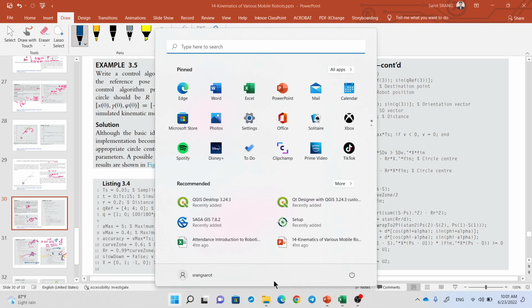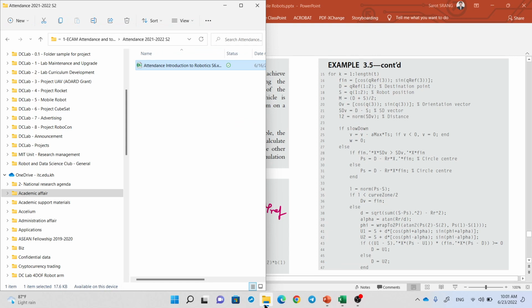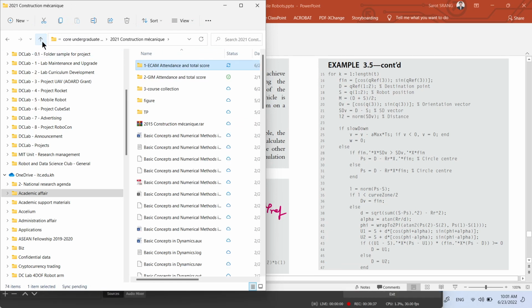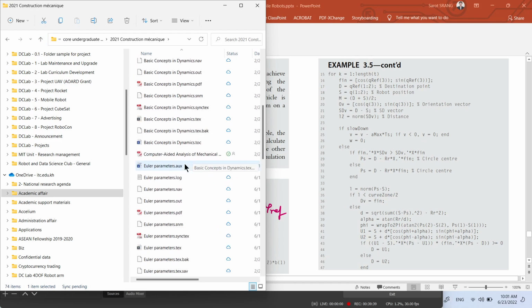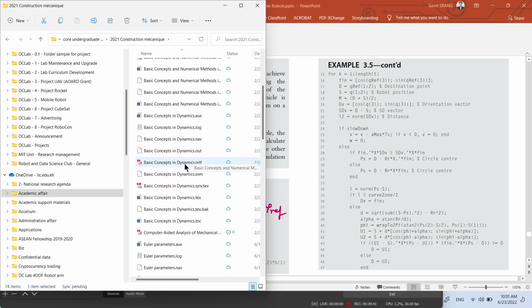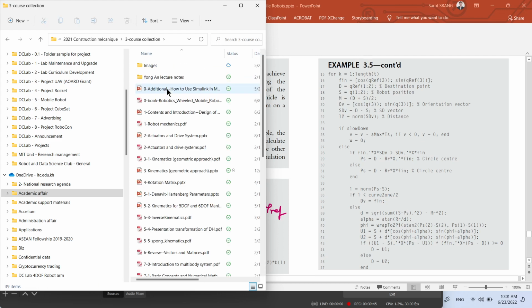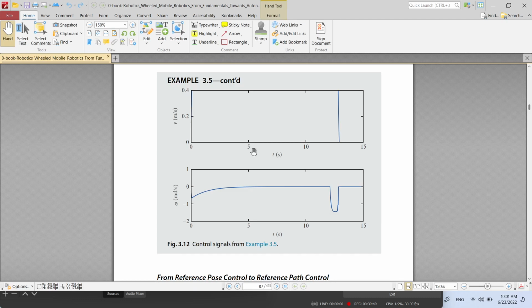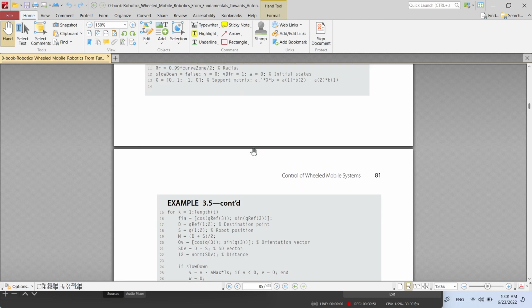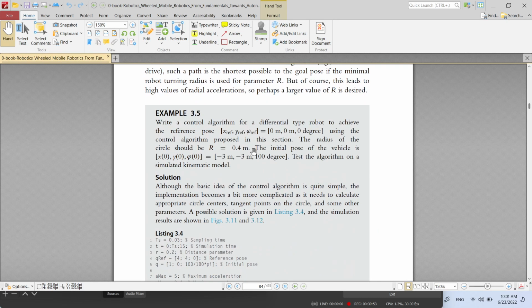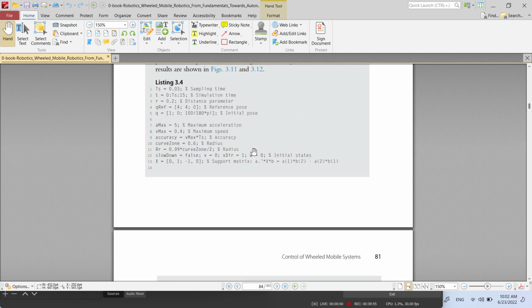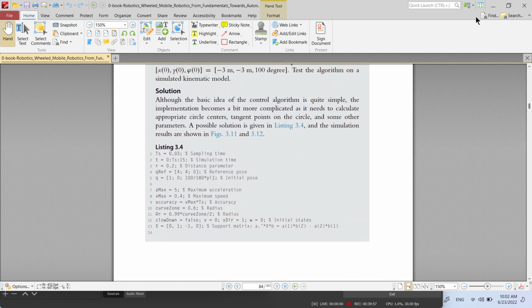Why are the parameters different? Let me see 3.4. That's okay. That's correct.